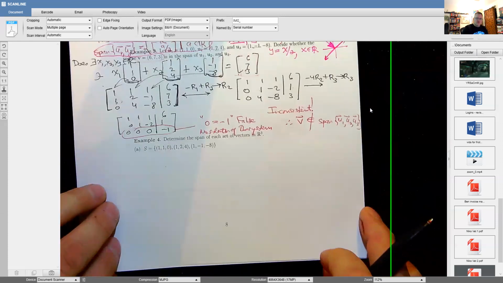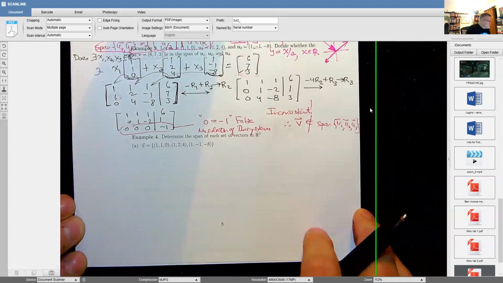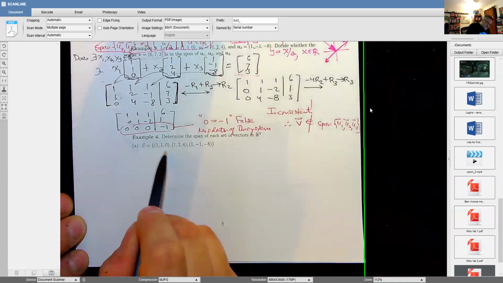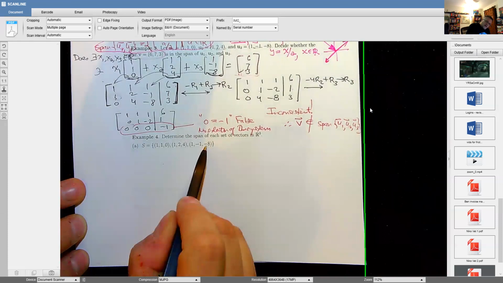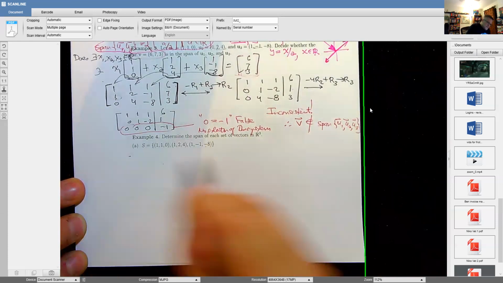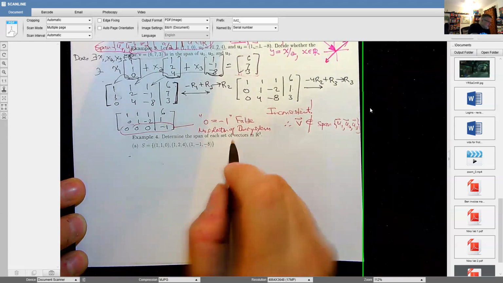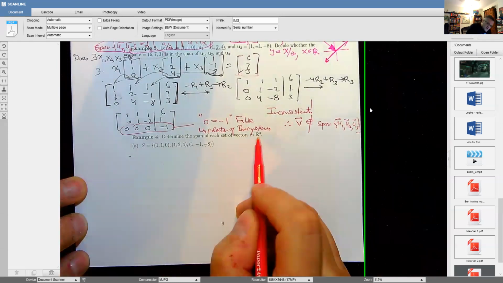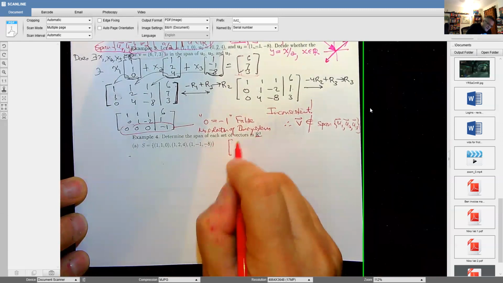All right, so let's do the same sort of thing we did for R2. Let's actually determine the span of these three vectors, right? So we want to set up, right? What does this mean? This time, in R3, we need three components.